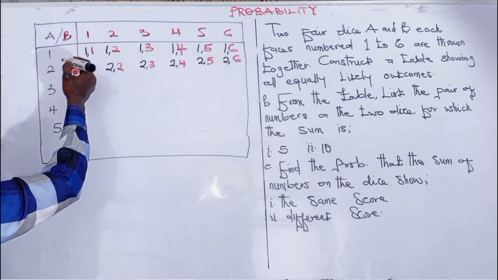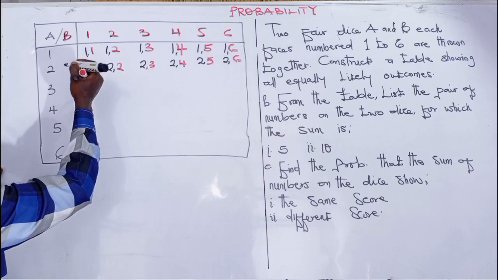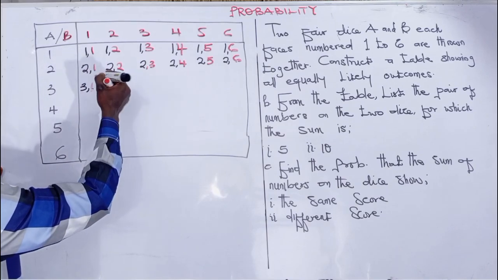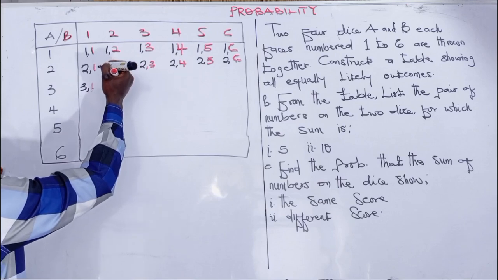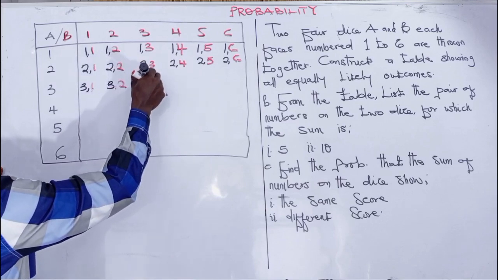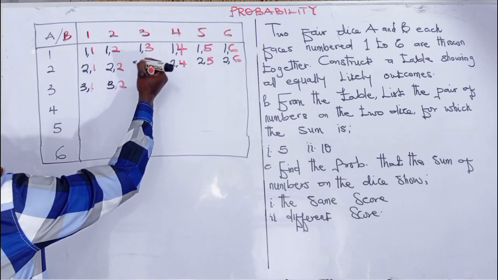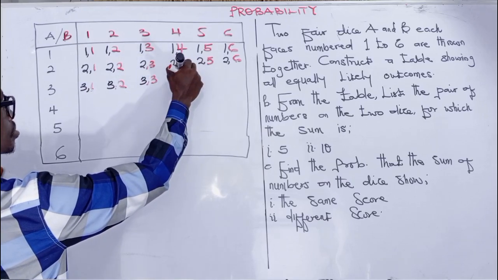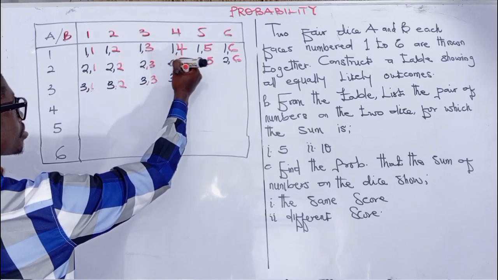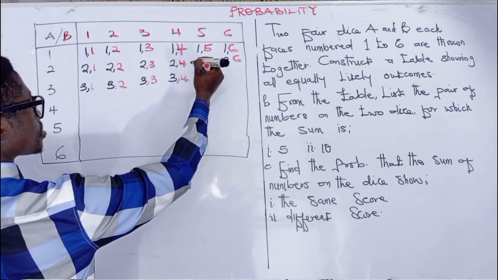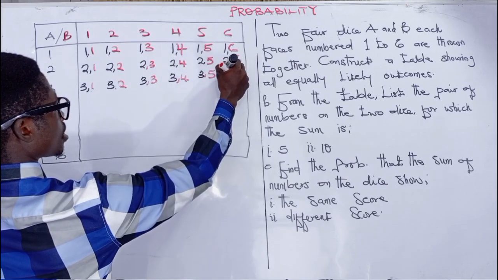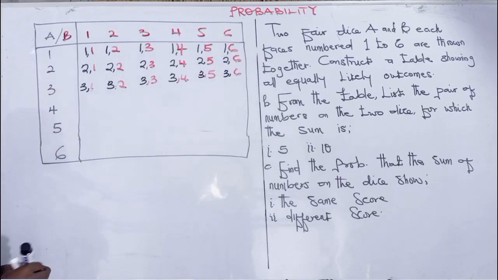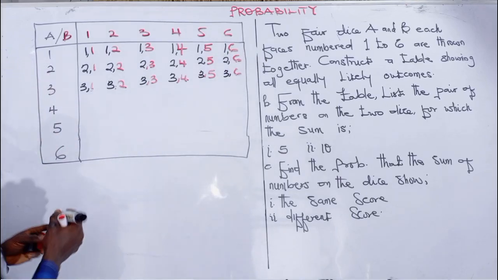So we have 3, 1, 3, 2, 3, 3, 3, 4, 3, 5, 3, 6. Now you know the pattern, so you can continue the rest.